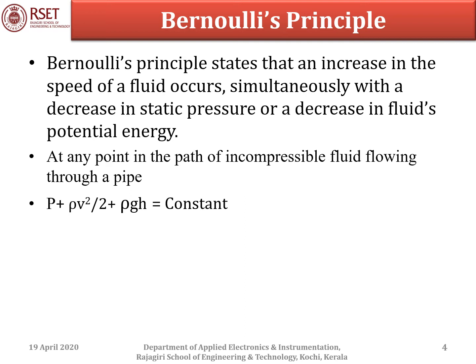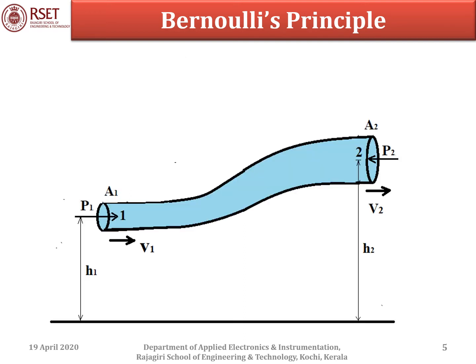This will be clear when we consider this. We have 2 points 1 and 2. At point 1 we have a pressure P1 where fluid is flowing with a velocity v1 and the height there is h1, and in point 2 we have pressure P2, the height there is h2 and velocity is v2. So we have considered points 1 and 2.